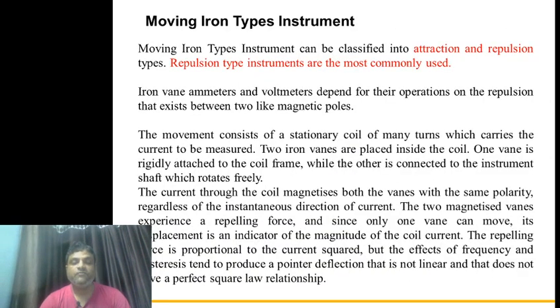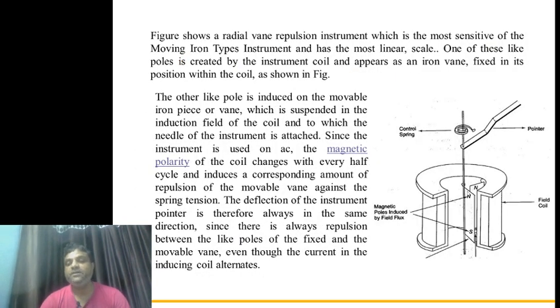It means one iron vane is from the north and south pole. The iron vane connected to this shaft is freely rotated, and similarly the iron vane connected to this magnetic coil is stationary.